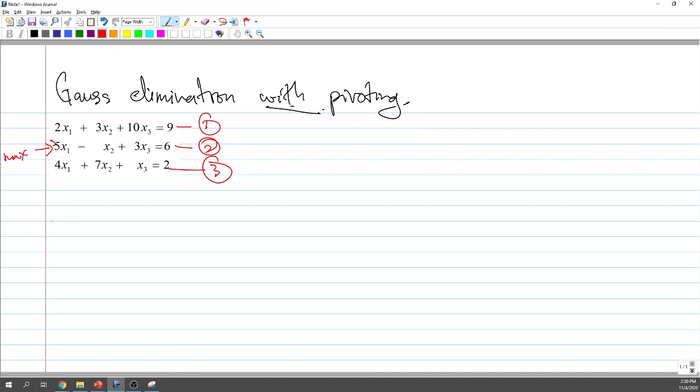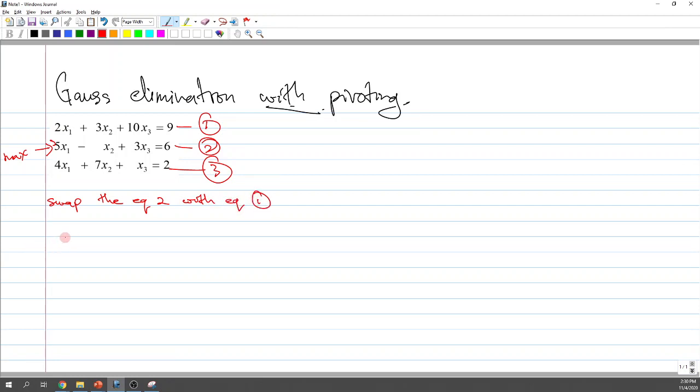So today I will try my best to write a proper way. So first step is to swap the equation 2 with equation 1.